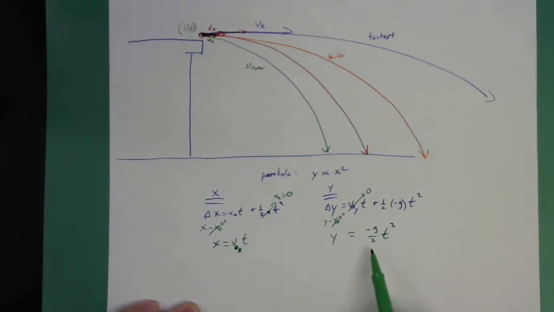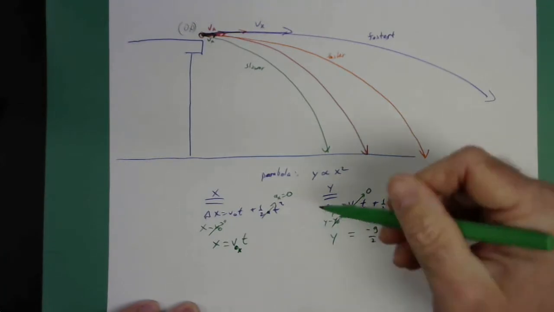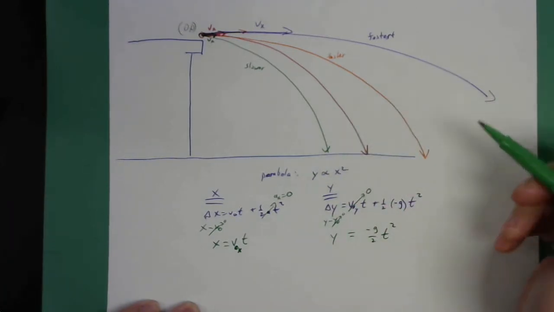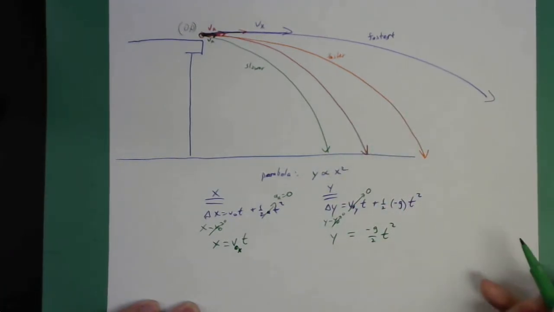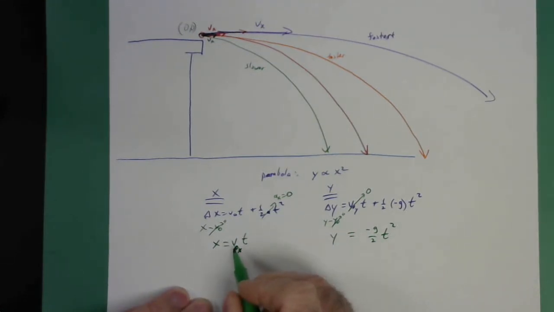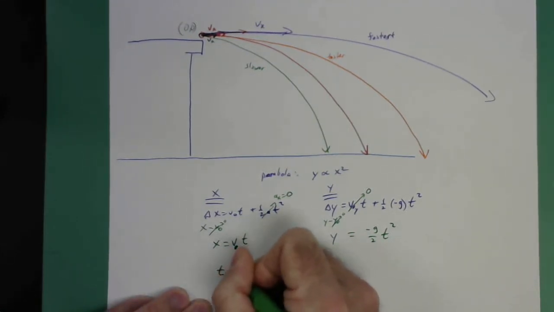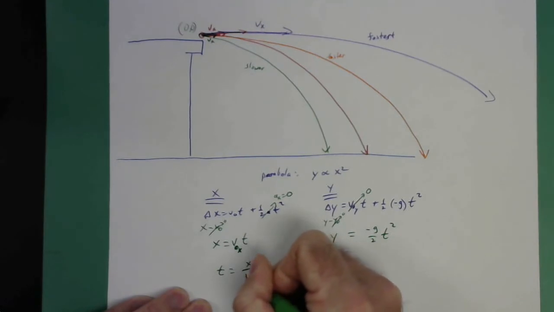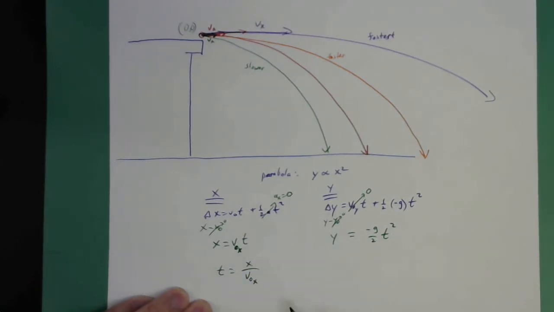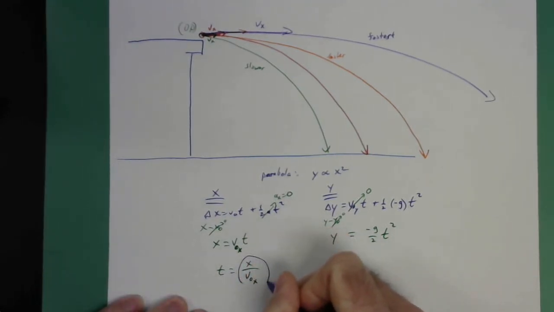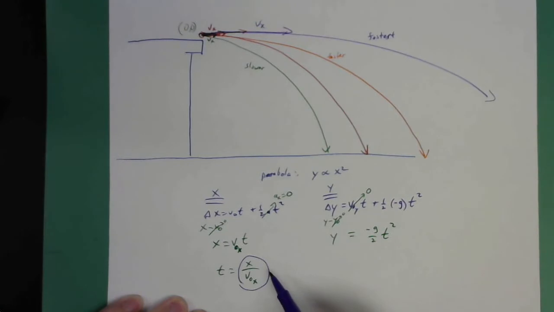Looking simpler already. And so what I want is an equation for y as a function of x. So I want to get rid of this t business. I'm just going to take this equation and say t is x over v naught x. And then I'll substitute it in for t to get rid of that t variable.